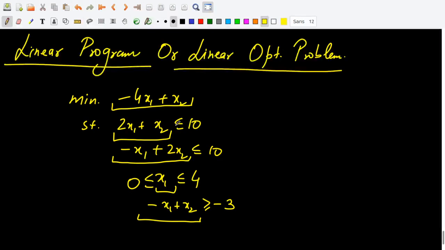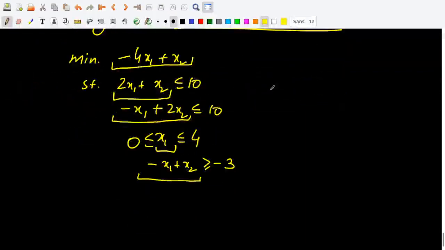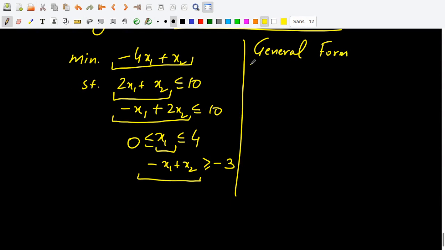It can be written in two equivalent forms. The most general form is when you have bounds on all constraints. So let me write it, and then we can understand it a little bit more.